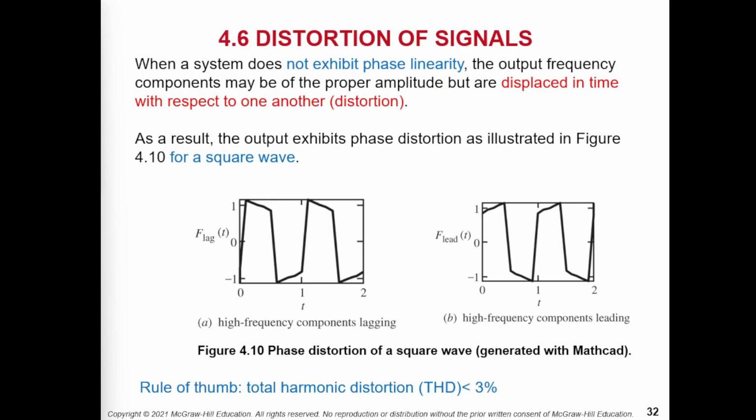We use an index called total harmonic distortion, THD. There is no specific rule, but in the industry we always use 3% as the criterion. Because in the factory, you need some kind of index to define if this is the good stuff or the bad stuff. So they use 3%. But by hearing, 3% is too small for you to distinguish the bad one from the good one.